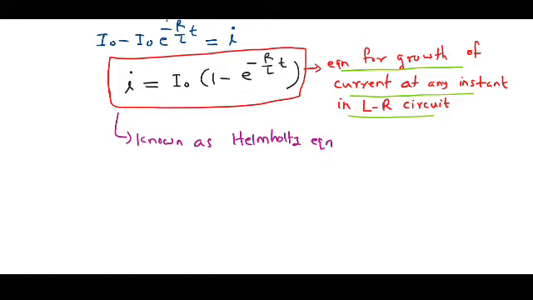Okay. Now let us define a new quantity, that is tau. Tau is equal to L by R. That is, here we have the quantity R by L. The newly defined quantity is tau is equal to L by R. This is nothing but the relaxation time.